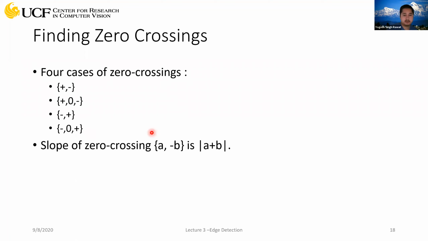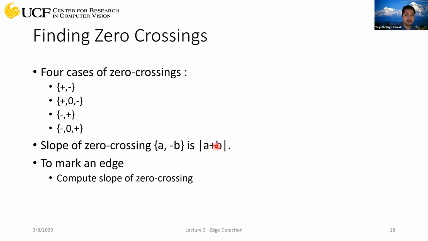And what we have to do is compute the slope at these zero crossings. So for a and negative b, you can just add these values. That will give you the slope. And again, you compute the slope and use some threshold on that slope. If the slope is very high, you will consider that as a zero crossing.